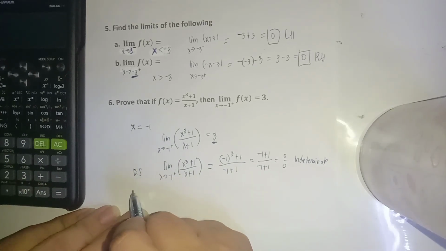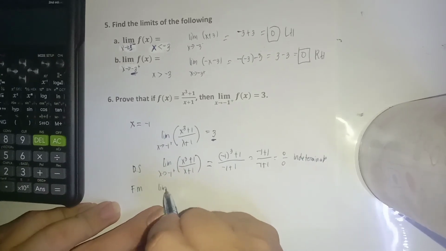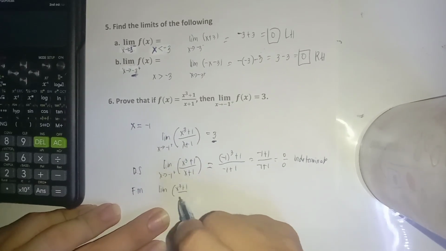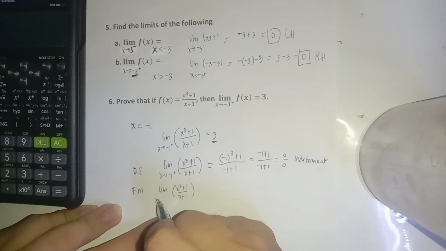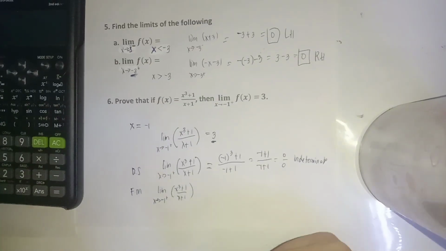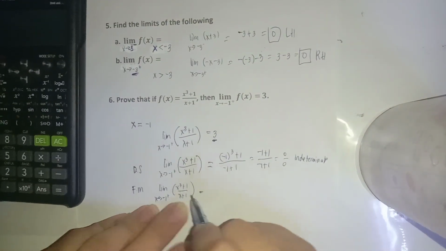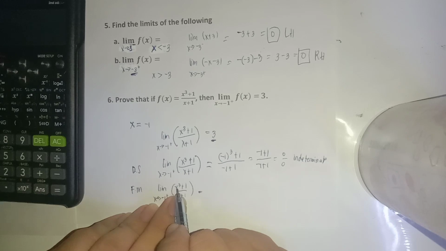So we will use the other method, which is the factoring method. Okay? So instead of using the x cubed plus 1 over x plus 1, i-factor out muna natin yung nasa taas. Para magkaroon tayo ng cancellation to avoid getting 0 over 0. So what are factors of x cubed plus 1?